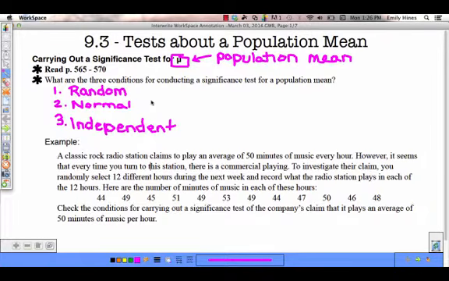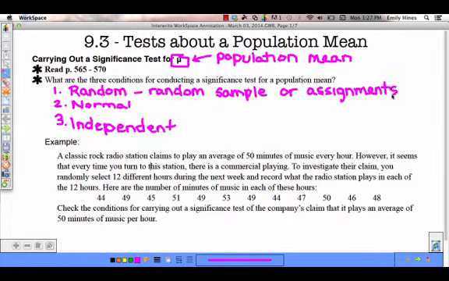With random, it either has to be a random sample, so your sampling method has to be random, or if it's an experiment, and let's not let experiments fall to the wayside, they're important too, it has to be random assignment, meaning that my subjects may be volunteers, but I randomly assign them to their treatments.